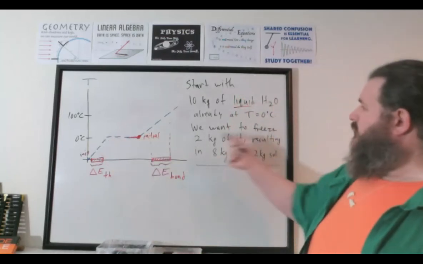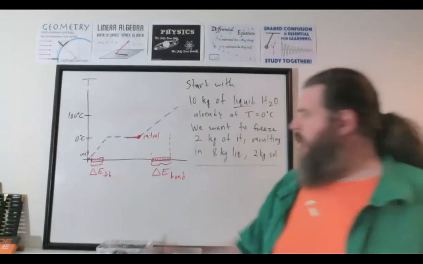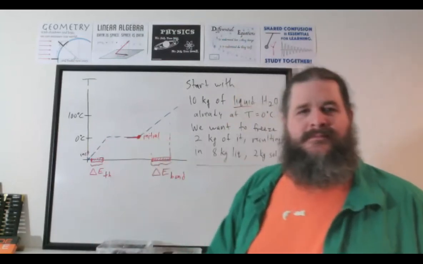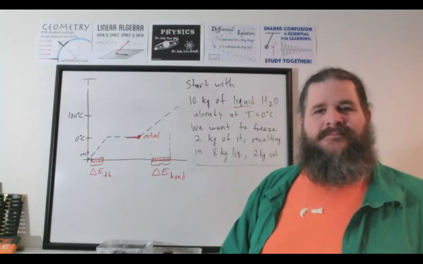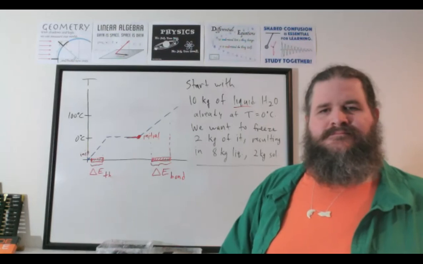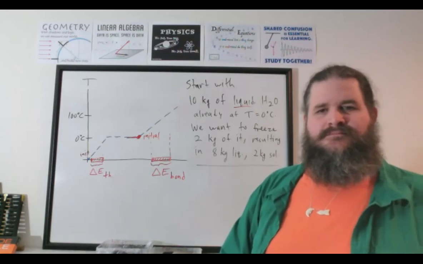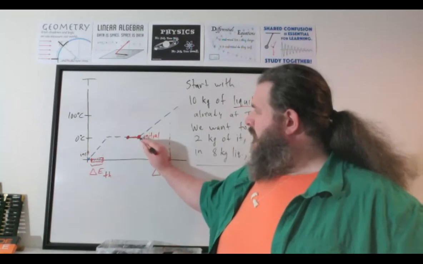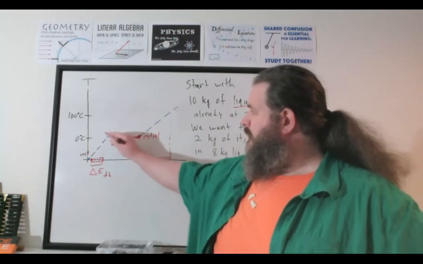We're only going to freeze 2 kilograms of it. So are we going to end up closer to the initial point or closer to this far corner? Yeah, closer to the initial, because we're only freezing 1/5 of it. So we're only going to go 1/5 of the way towards that far point.